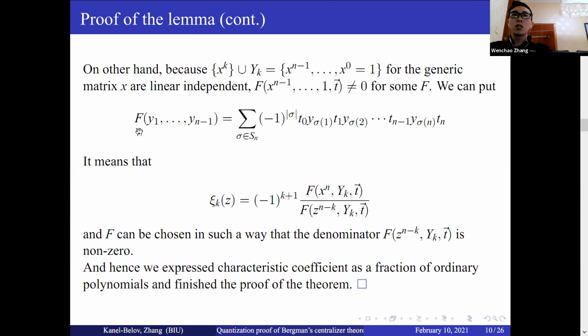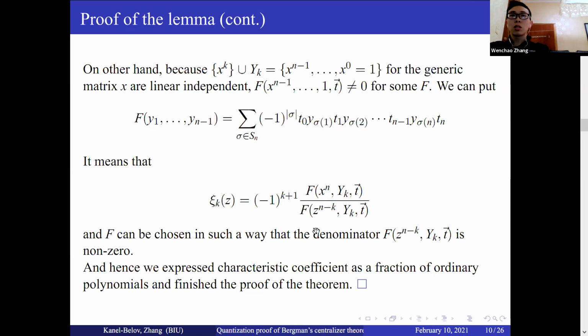So we can put this f(y_1, ..., y_{n-1}) in this form, and then we can have the result for psi_k(z) with a rational form, with f(x) and the denominator, and this denominator is non-zero, it can be chosen as non-zero.